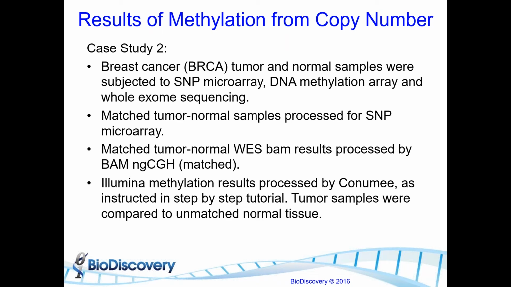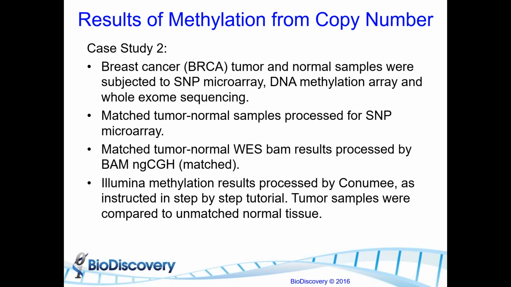For the whole exome sequencing, we have a read depth of approximately 25x coverage for both tumor and normal matched samples. And then finally, we have a series of tumor samples, approximately 16 samples, as compared to unmatched normals, that were run through an Illumina methylation array and then processed by Kaname.